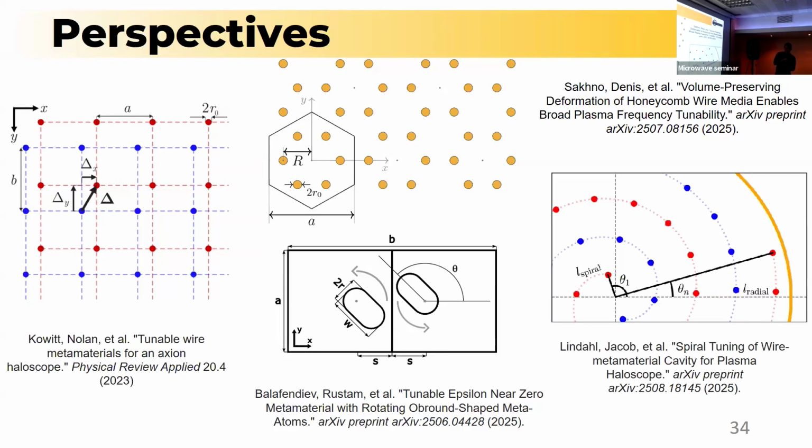And other novel designs consisting, for example, of the relative rotation between two sets of wires, in which every set of wires is following a spiral. This also can be challenging because it's not evident that there is an analytical model to predict the plasma frequency of this structure. So our experimental strategy can be tested to measure the plasma frequency of this structure.